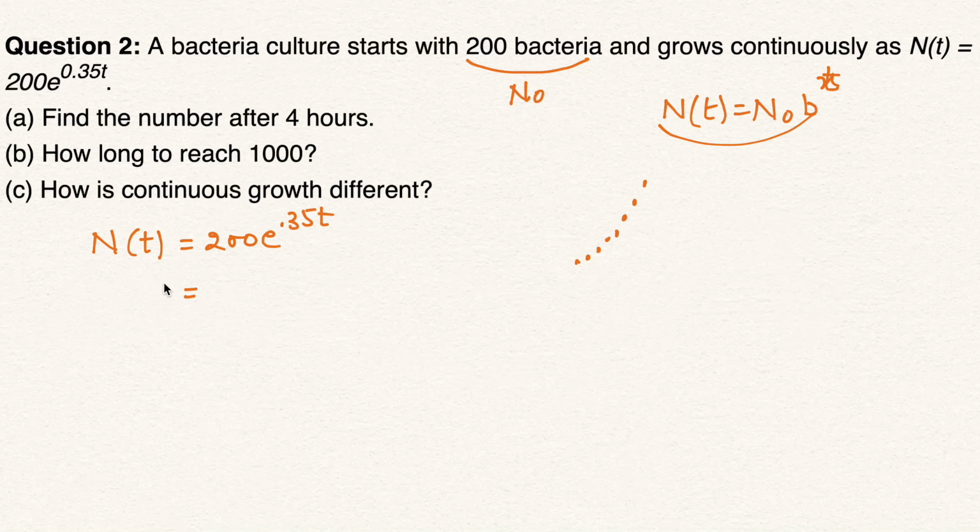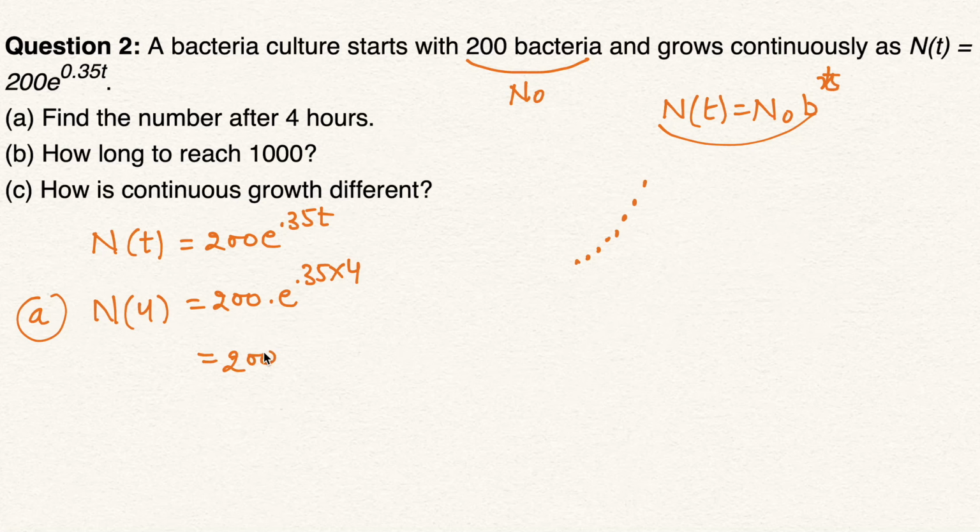Okay, so the first option is A, find the number after 4 hours. That means t has to be replaced with 4. You can directly give this input or you can solve it in one or two steps.